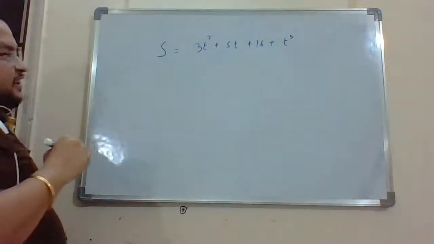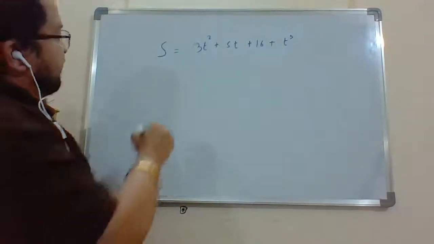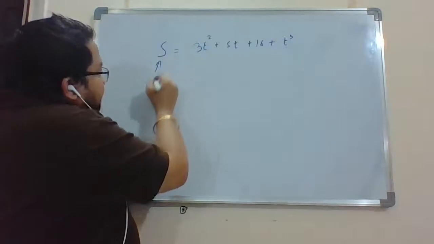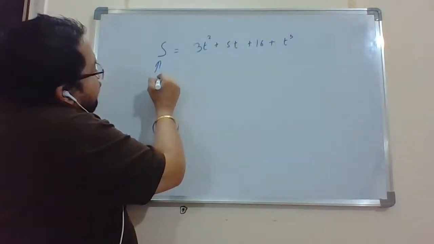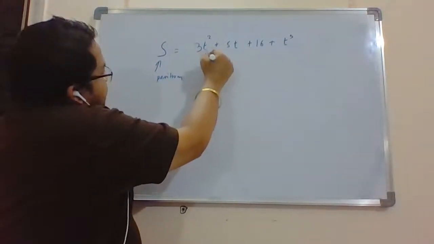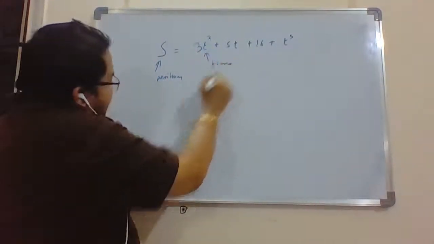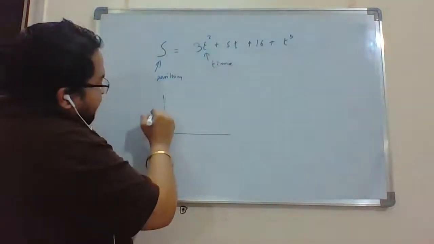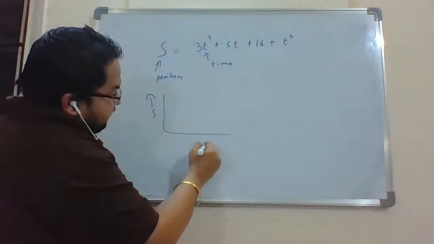It is given like this, where s indicates your position and this variable t is time.